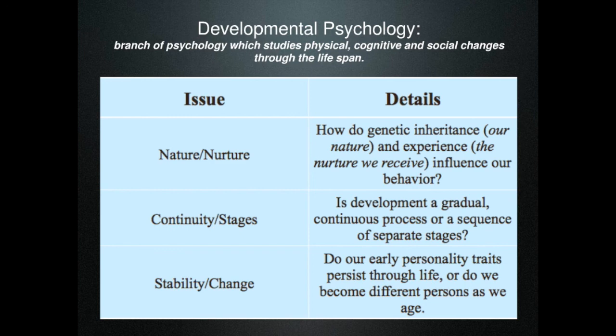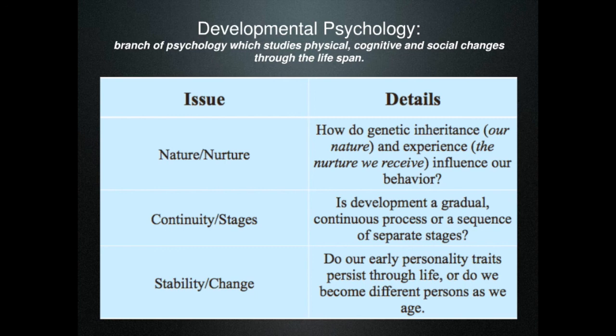The issue of continuity versus stages. Is development gradual, a continual process, or a sequence of separate stages? Like Piaget says, once you get to a certain point, your development jumps up and you immediately enter another stage. Whereas Erikson would say that's not true. It's really gradual, and you can't really tell which stage someone is in because they can be partly in between one stage and another.